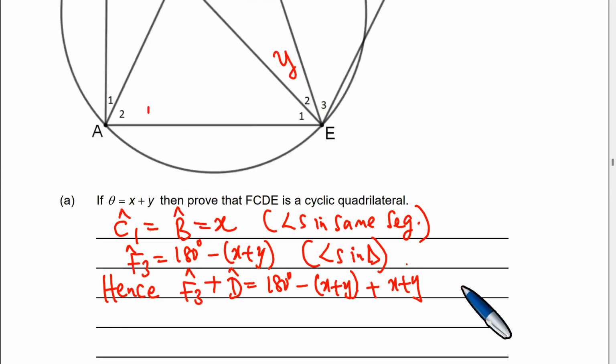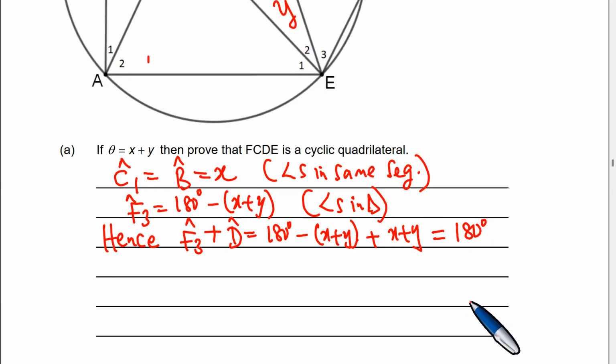But surely if we add everything here, what do we get? Right, so this X plus Y and these cancel out, giving us 180 degrees. So now it means that these opposite angles give us 180 degrees in a quad.